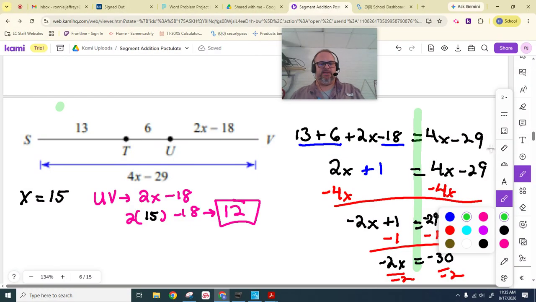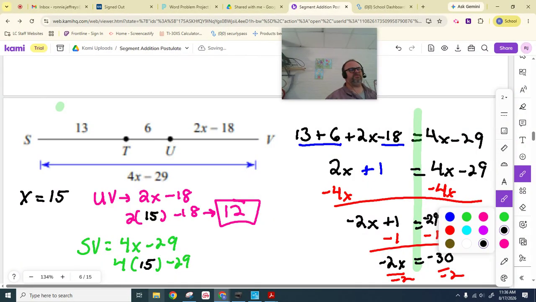And this whole big thing here, this is SV. So 4x minus 29. All right. 4 times 15 is 60. Minus 29 is 31. Okay?